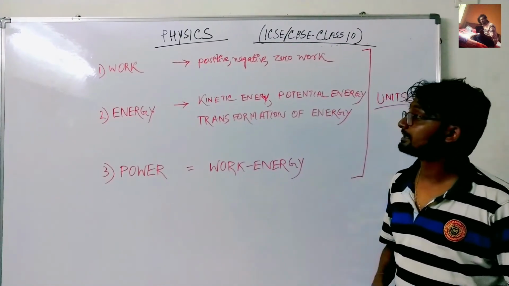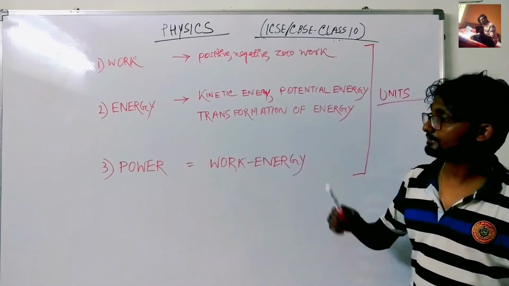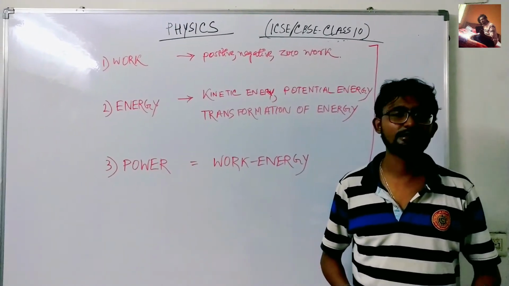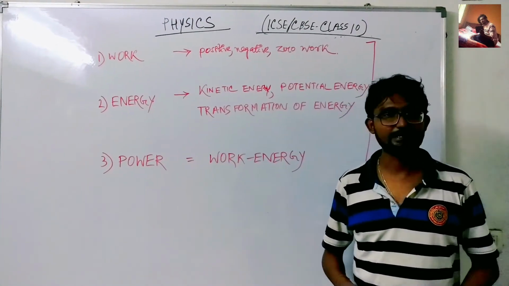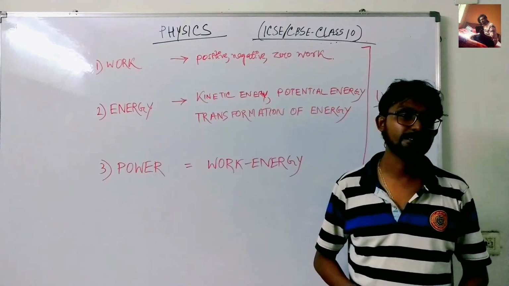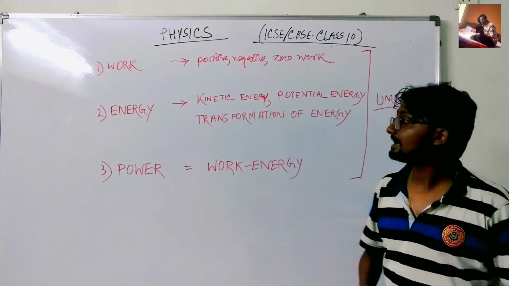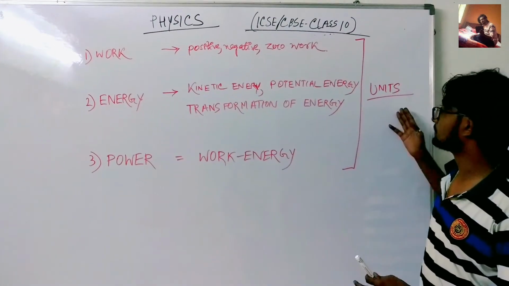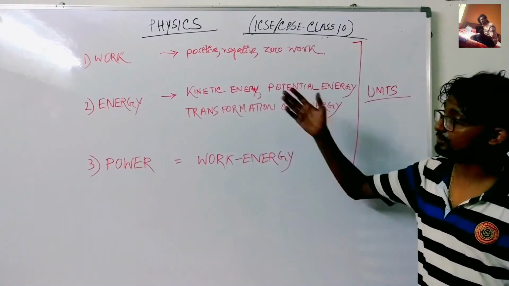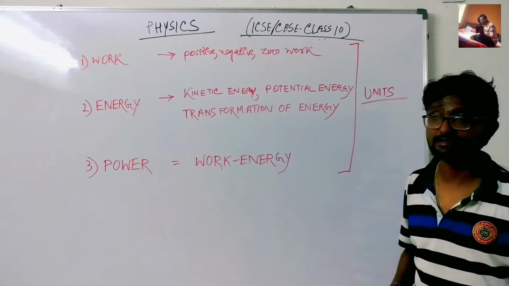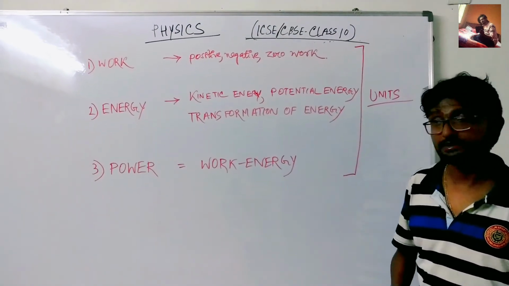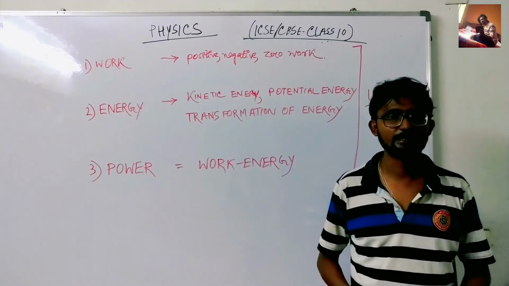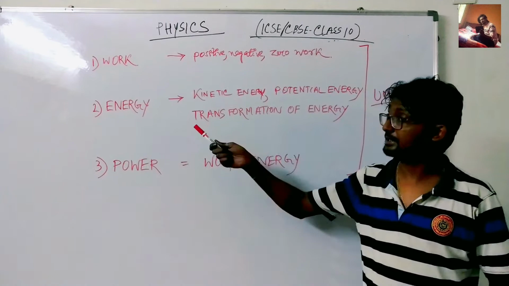I will come to the portions of work, energy and power theoretically in the next session, and I will go with the sums as well if I get time, or else I will continue in the next session. The main part you have to learn is the SI units of work, energy and power. You need to know this, because sometimes people get confused with the units of this chapter.